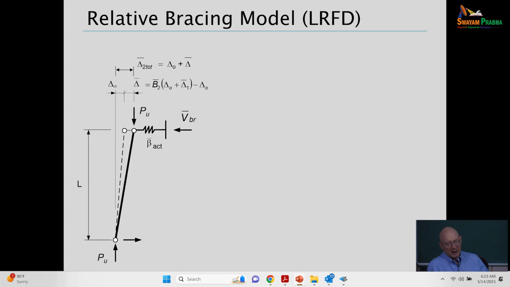If we have an initial out of plumbness of this column of delta naught, when we put axial compression at the top, the column is going to tend to sway further to the right, correct? Because I have a P large delta effect from that delta naught that's driving more force into the brace, which means I'm going to get more brace movement. And that brace deflection from the initial out of plumb position, that's the delta overbar.